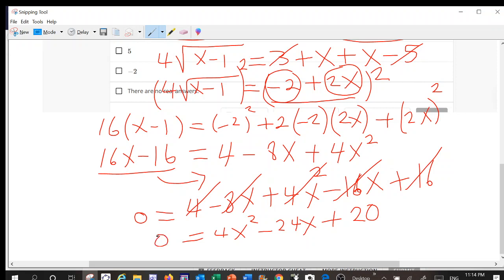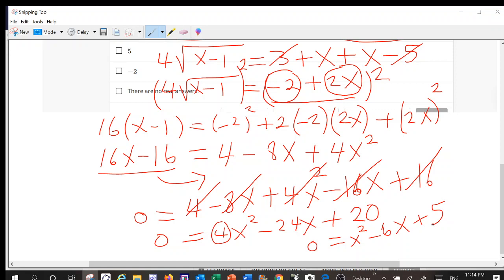Okay, now, can we divide everything by 4 to get rid of this 4 here? Yes, we divide both sides by 4. Now 0 divided by 4 is 0. 4x squared divided by 4 is x squared. Negative 24x divided by 4 is minus 6x. And 20 divided by 4 is 5.